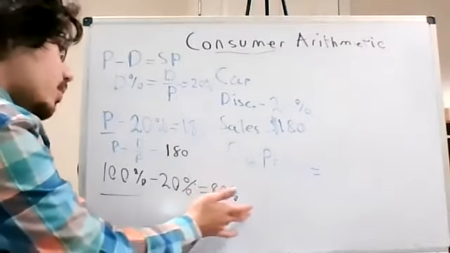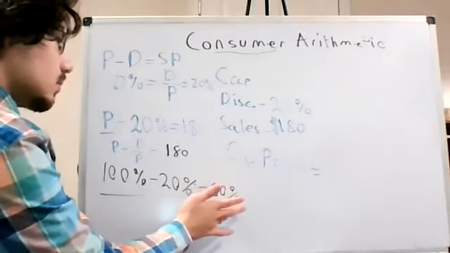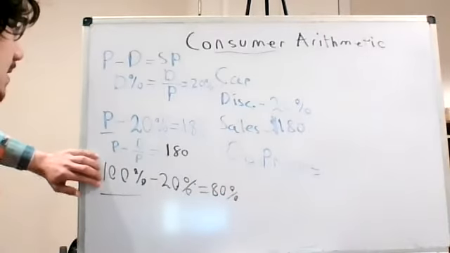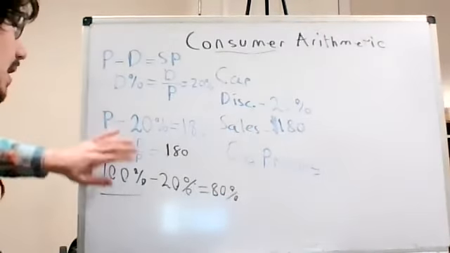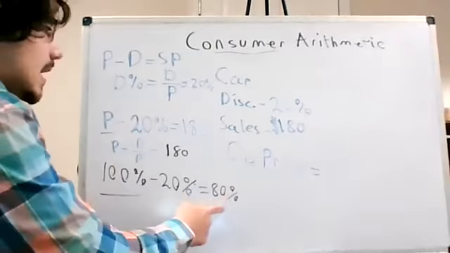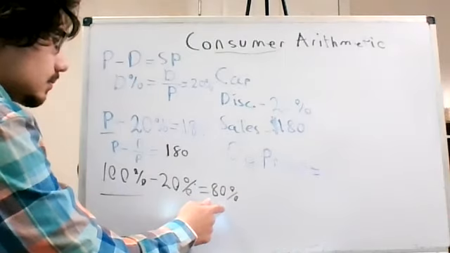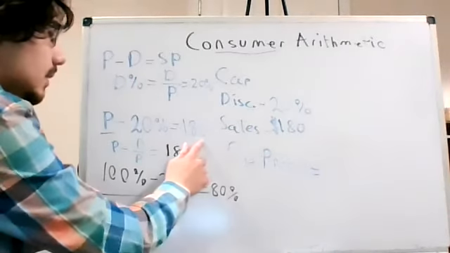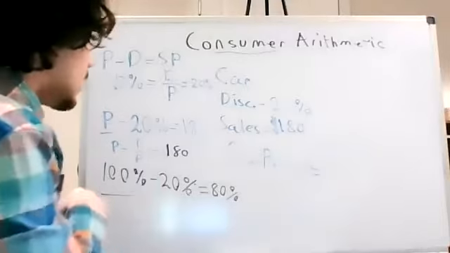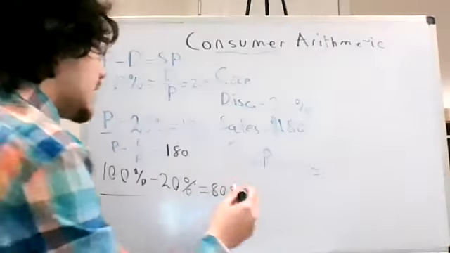So what is the 80% equal to? If 100% is the same as the price, and we have the minus 20%, this is the same here, what should the 80% be the same as? The sale price percent? Exactly. So the sales price is equal to the 80%.